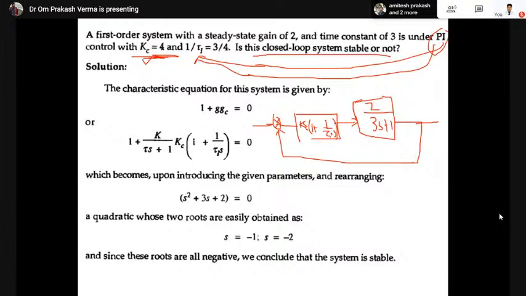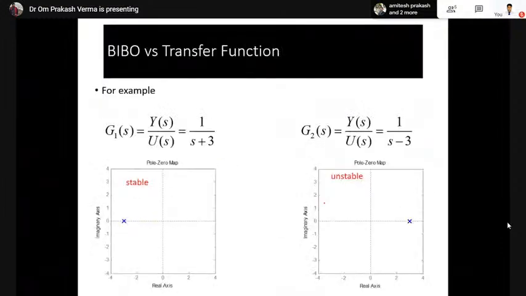So now we have to determine whether the closed loop total process is stable or not. As you know, the stability of the system is determined only by the characteristic equation. What do we mean by the characteristic equation?